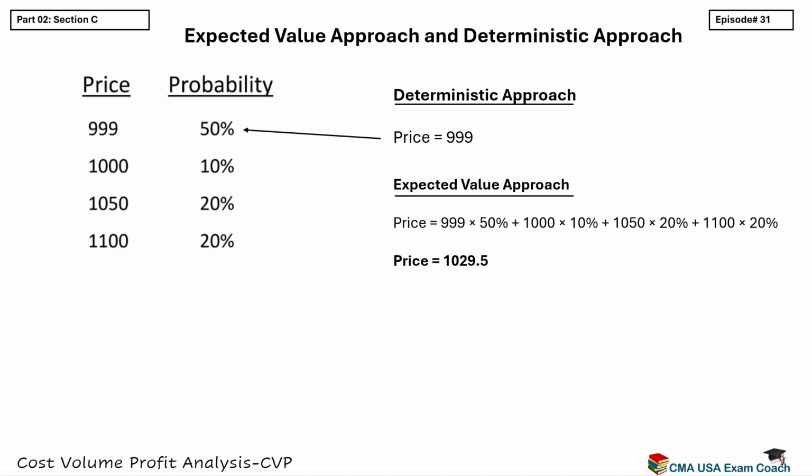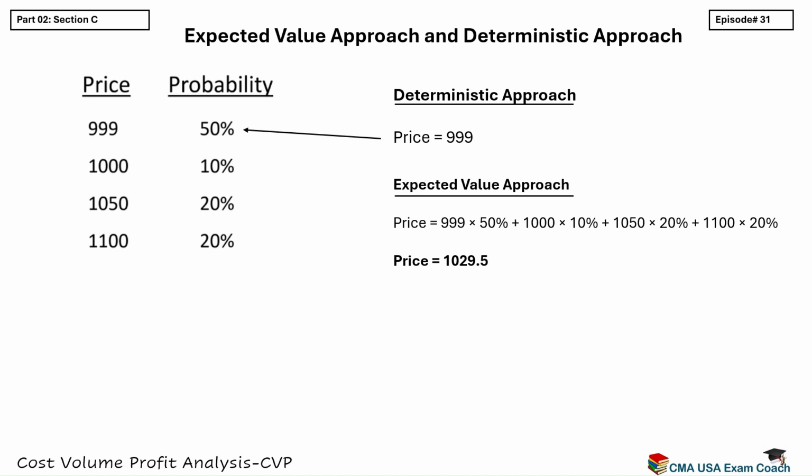Let's calculate. 999 times 0.50 equals 499.5. 1,000 times 0.10 equals 100. 1,050 times 0.20 equals 210. 1,100 times 0.20 equals 220.